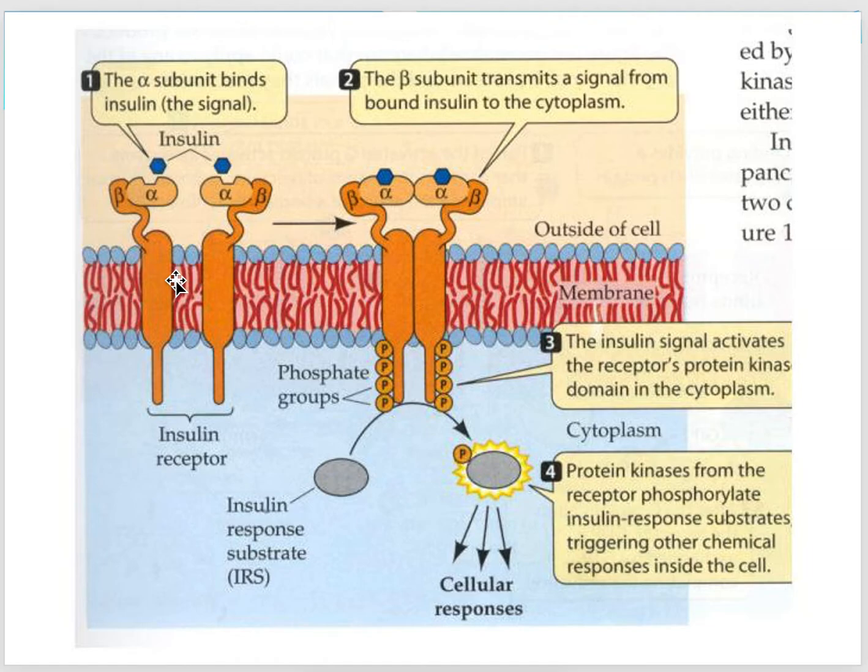When the insulin is not bound with the alpha subunit, the insulin receptor is in its inactive form. First the insulin binds with the alpha subunit, and the receptor gets activated. When the insulin binds with the alpha subunit, the cytoplasmic portion of the receptor gets activated because of phosphorylation.